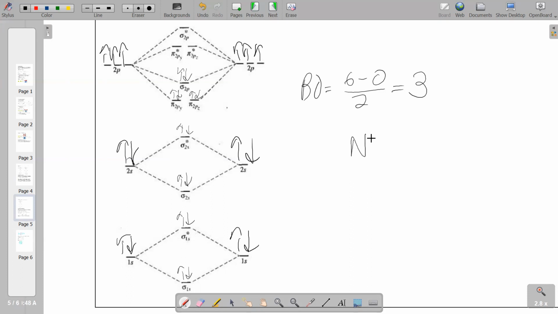And that's exactly what we'd predict. If we draw a nitrogen structure, as we've drawn before, that's a proper structure for nitrogen, which has 3 bonds, or a triple bond between the 2 nitrogens.